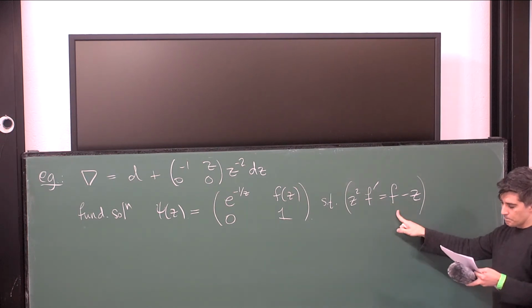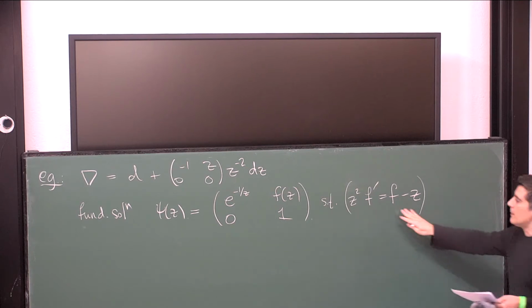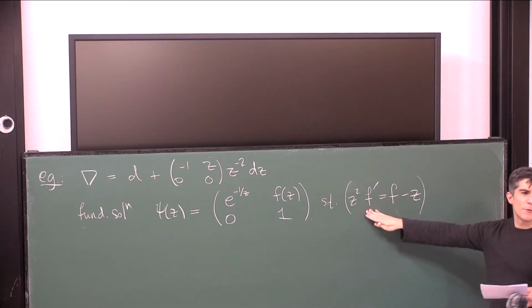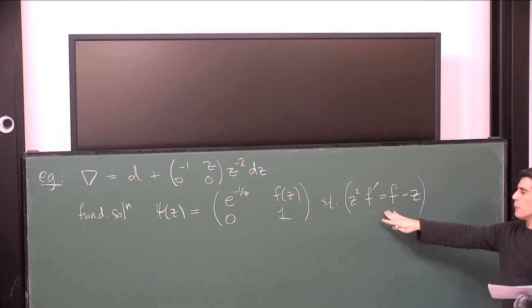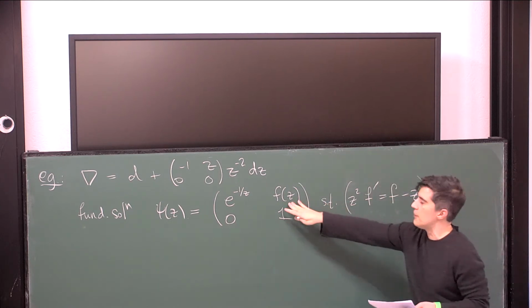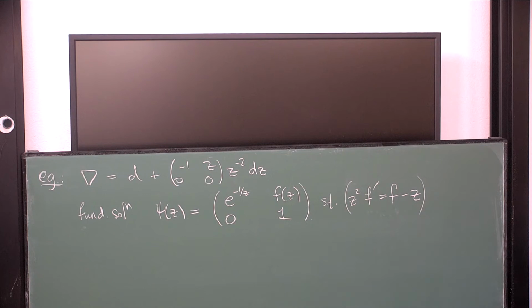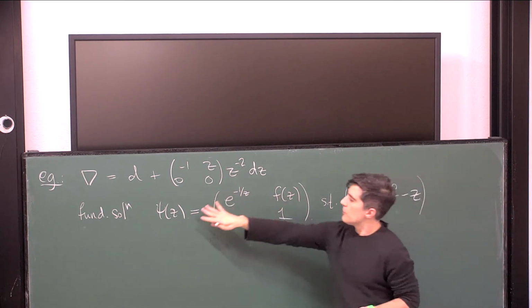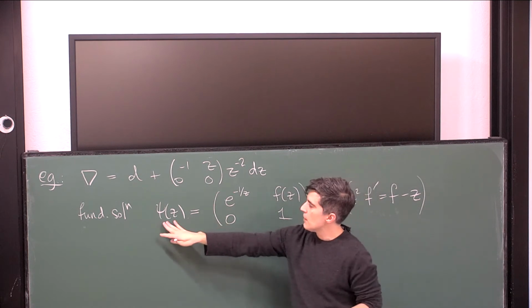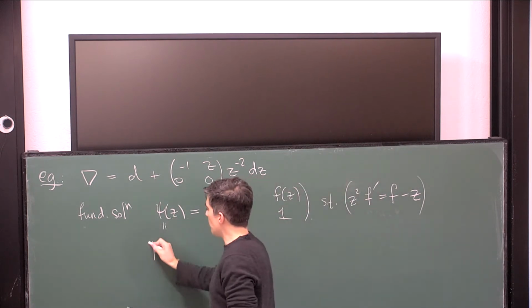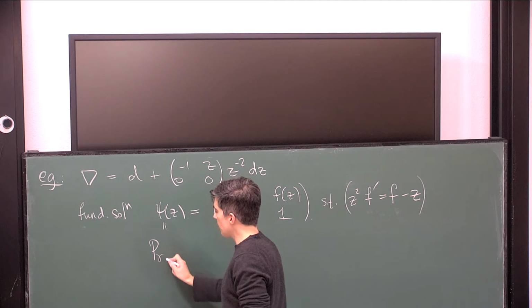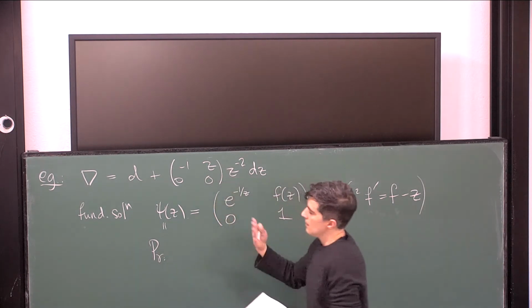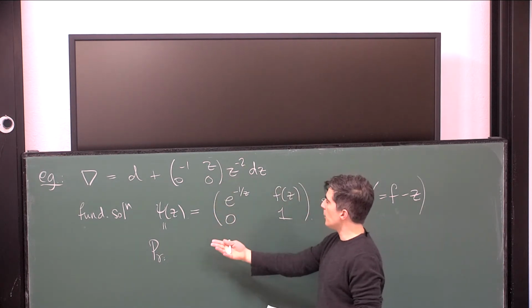You can actually write this in terms of special functions. The exponential integral, you could write the solution f of z in terms of special functions, but I'm not going to do that. That's not important for what I'm talking about. So notice what this solution looks like. Remember what this means. This is the parallel transport along a path which goes from some initial point. How do I know where the initial point is?